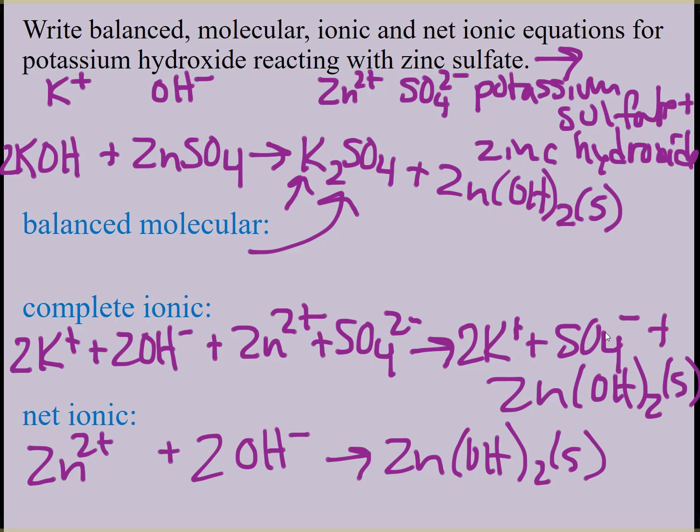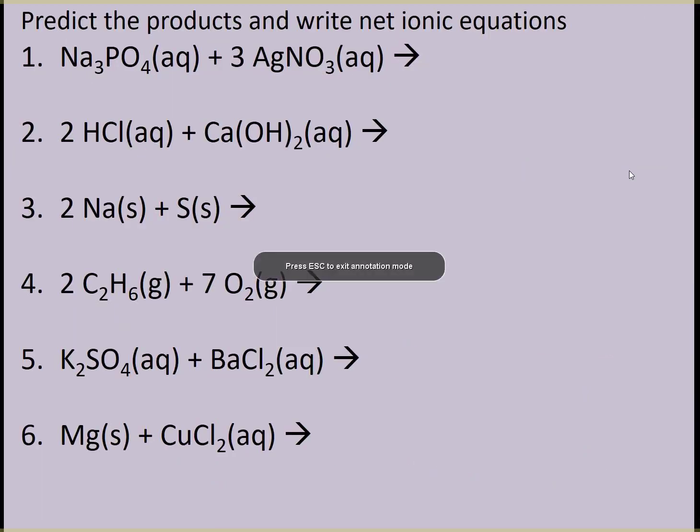So we can eliminate the spectators. I have potassium on each side and sulfate on each side. And then I get basically the same thing. It's okay if it's in a different order. Okay, so those two come together and make my solid. So this is predicting the products and writing the net ionic equations.